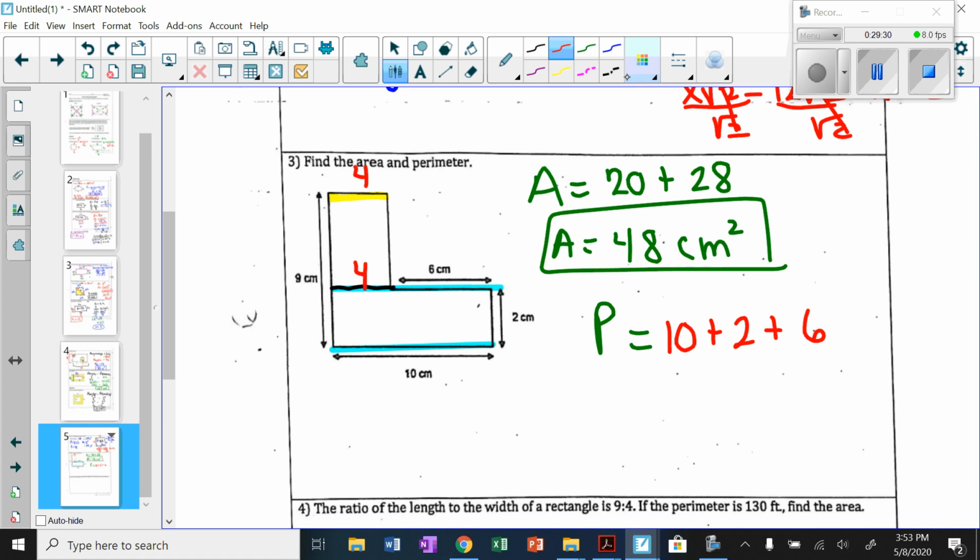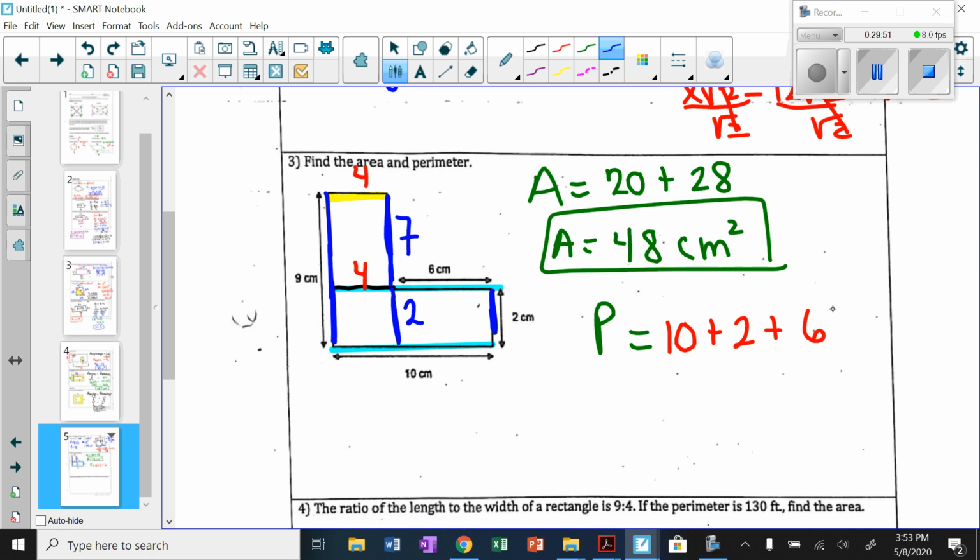Oops, I need another length. I need this length right here. Well, I know this whole length is 9, and I know this is 2, which means this is 2, which means this has to be 7.